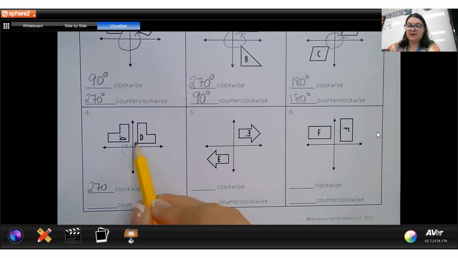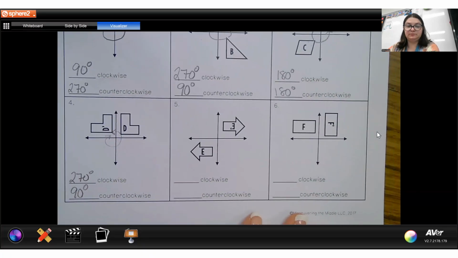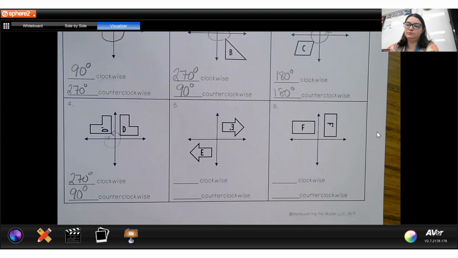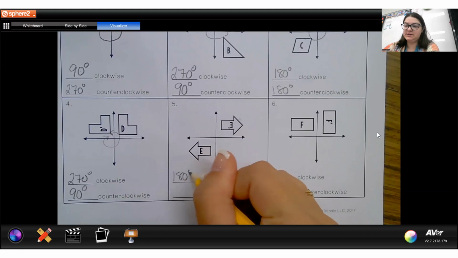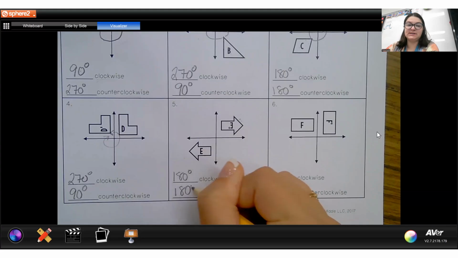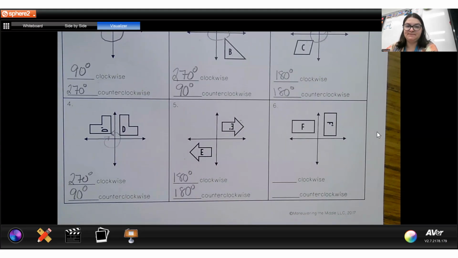If I'm going counterclockwise, it's just the next quadrant over, so that is 90 degrees. E to E prime, notice it's in that quadrant diagonal from it. So that is 180 degrees in both directions. It does not matter which direction you go, it's going to be 180 degrees.